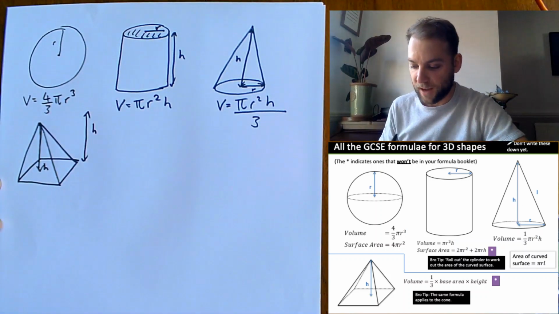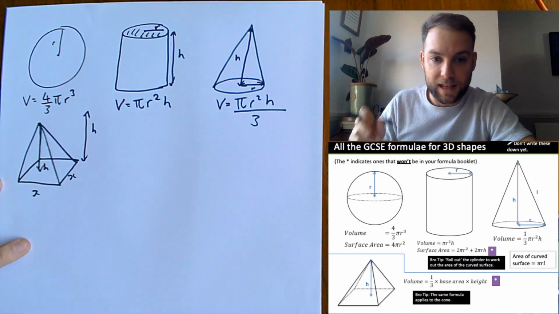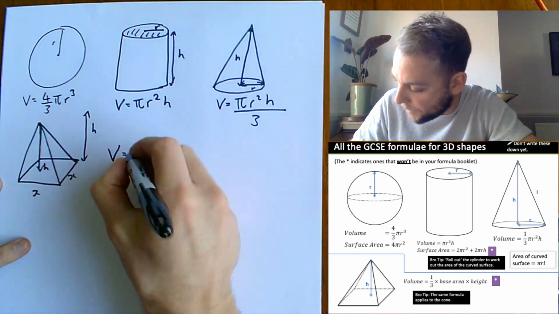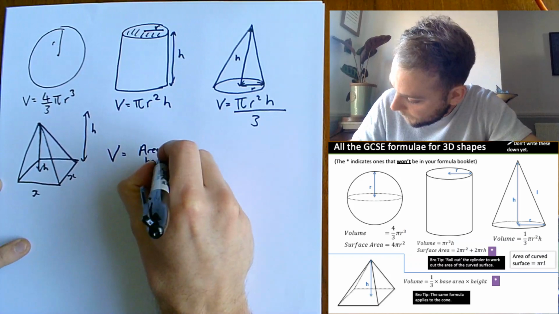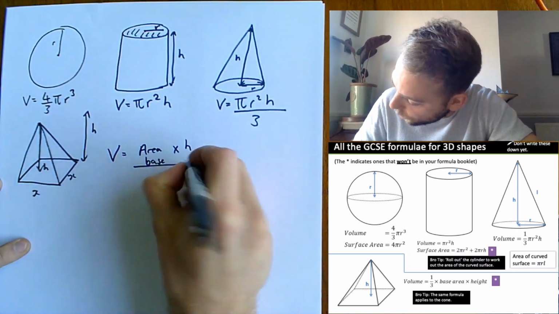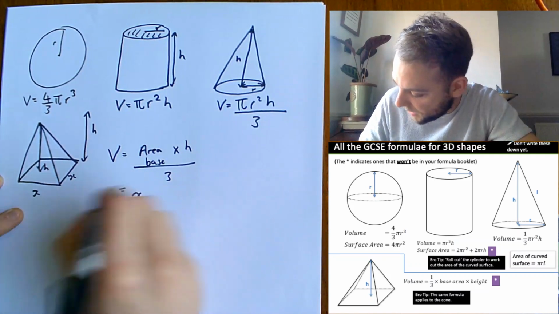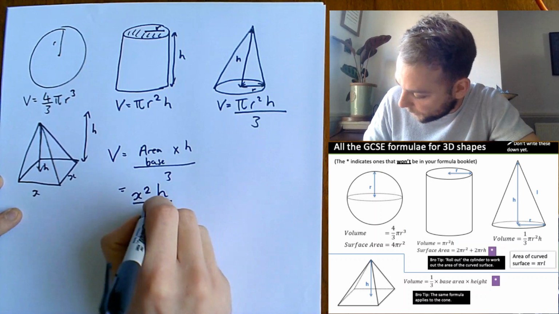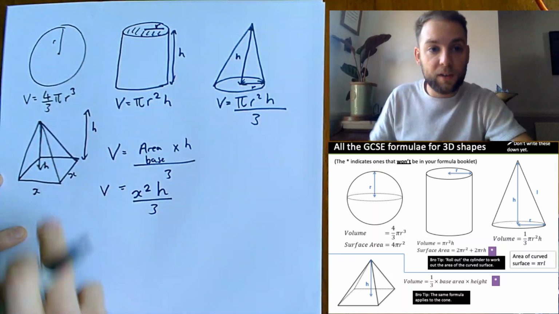If that's our vertical height, and we know that this is x and this is x, the volume is equal to the area of the base times by the height, all divided by 3. In this case, it would be x times x, which is x squared, times by the vertical height, h, divided by 3. So we've got 4 different types of volumes there.